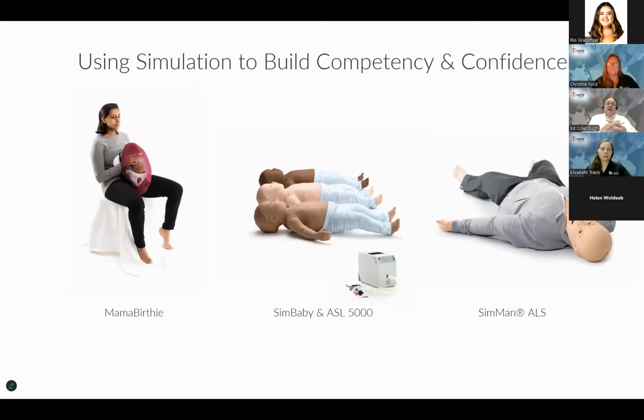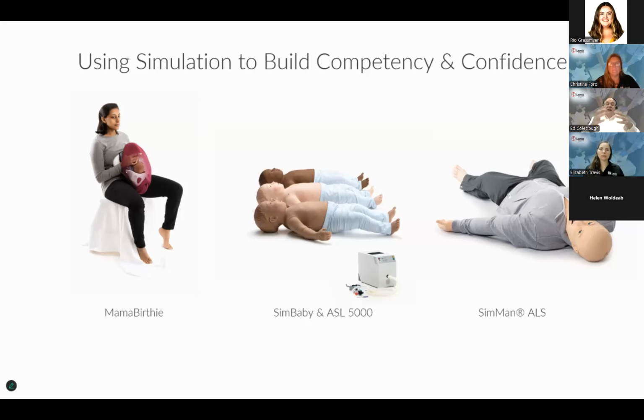But if you just need absolutely robust solutions that meet your very specific needs in EMS, we do have those. The SimMan ALS was designed to meet the demands of the EMS market, with a lot of the features representing the skill set that is expected of today's paramedics and pre-hospital providers, including better articulating pelvis and legs, so it can be found in the sitting position.